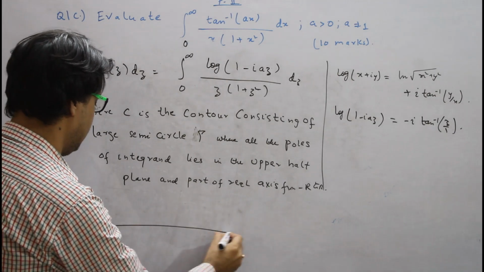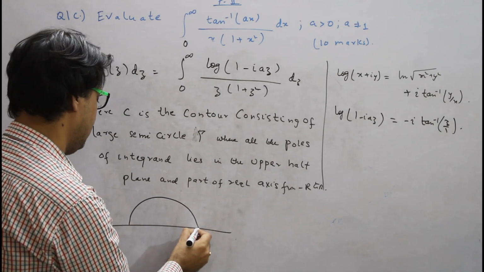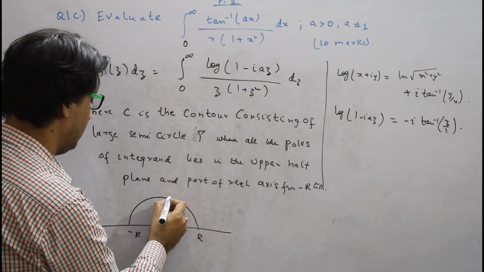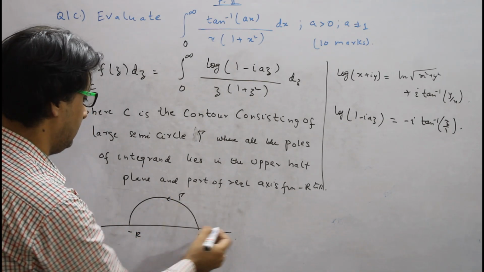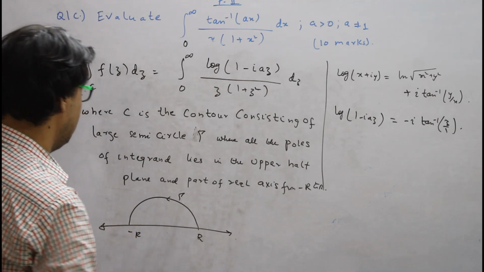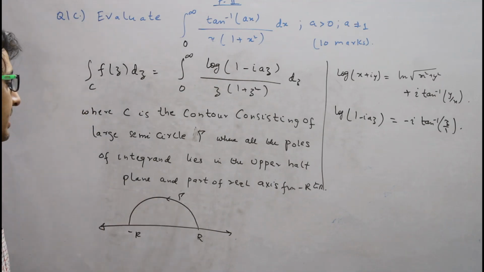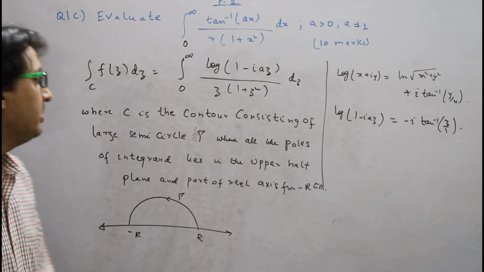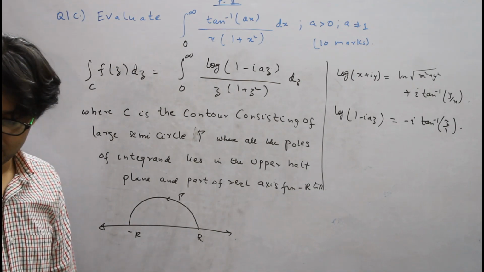So this is the diagram that it goes from minus r to r, and this is a semicircle. The poles of the integrand are lying in the upper half of the plane. Now we are going to use Cauchy's residue theorem.